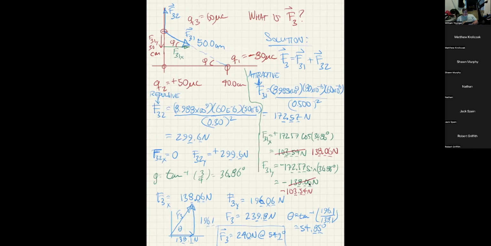You can now take Q2 and compute the electric field at 0.30 centimeters, in other words, along the y-axis, right where Q3 was. And then you can take Q1 and calculate the electric field at 0.30 centimeters. So that's the electric field due to Q1. Now you can add those two electric fields and you'll get the total electric field at 0.30 centimeters. Does that make sense to everyone?